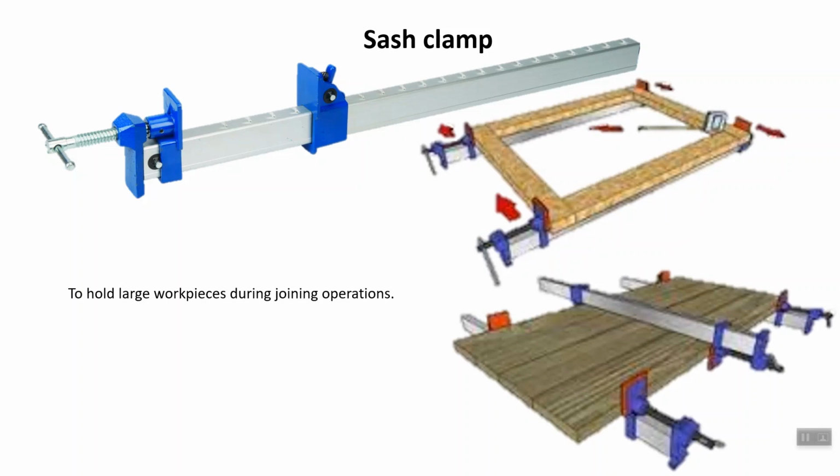For example, when you're making a frame, a door frame or a table, you will need a large holding device. So the sash clamp is used for that purpose, as you can see in the picture. This is the moving part which slides along the rod, and it is appropriate for large surfaces.